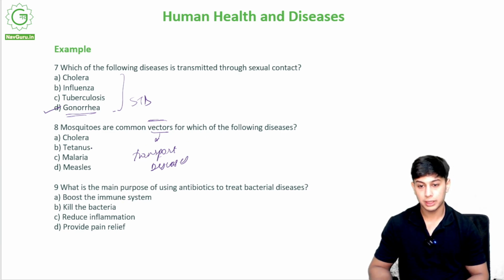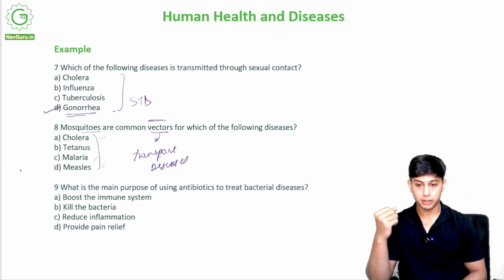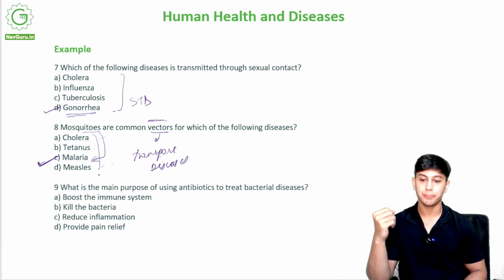So for which of the following diseases? Cholera, tetanus, malaria, measles. So mosquitoes cause which one out of these? All right, so the correct option is C, malaria. All right, malaria is spread by the anopheles mosquito.